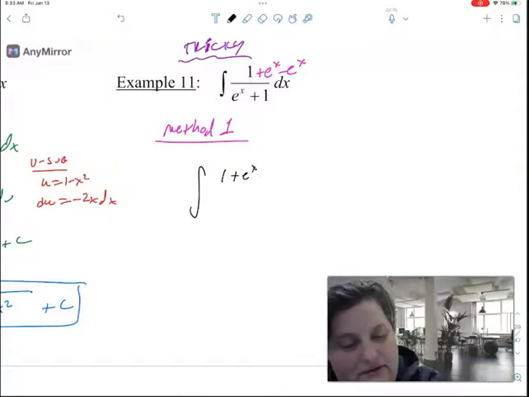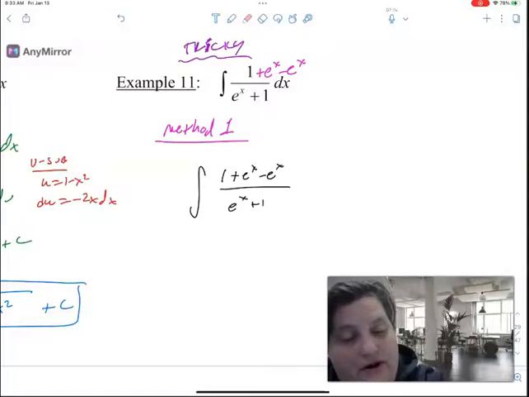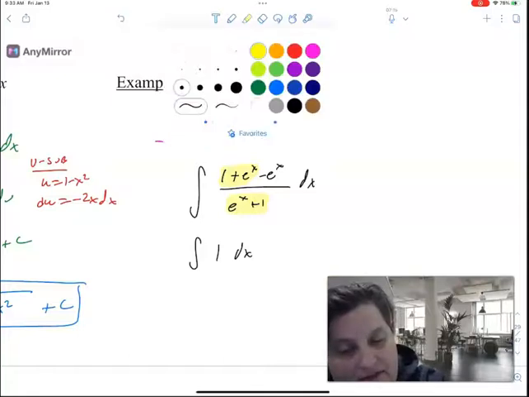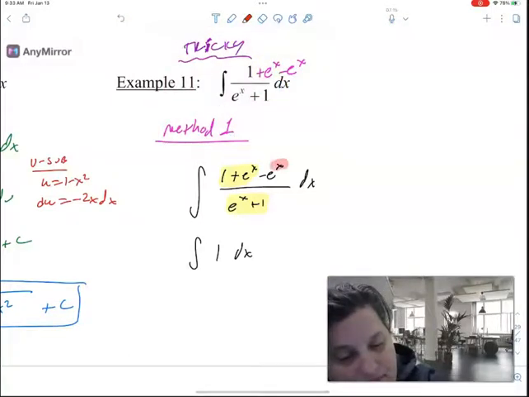Why on earth would we do that? Well, I will show you. Now we're going to split it up. The way I'm going to split it up is I'm going to split up that one with that one. Okay? Which 1 plus e to the x over e to the x plus 1 is just 1. And then I'm going to split up that one and that one.